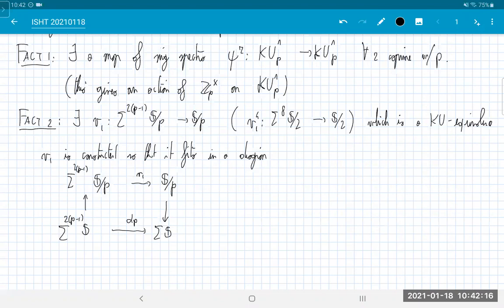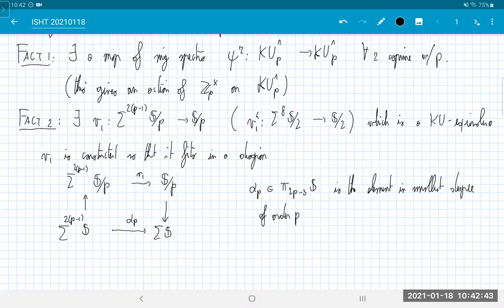Here there is a map alpha p, where alpha p lives in pi 2p minus 3 of the sphere and is the element in smallest degree of order p.